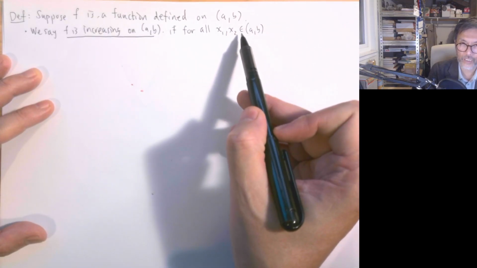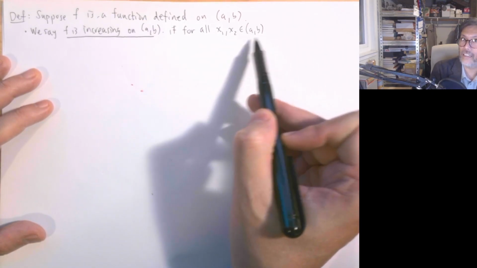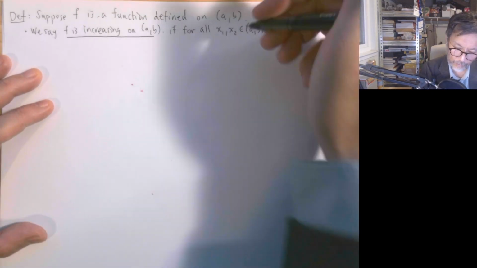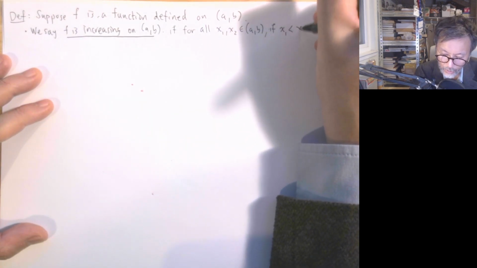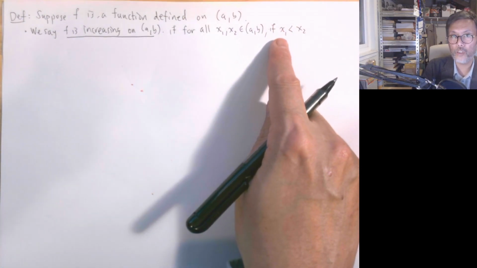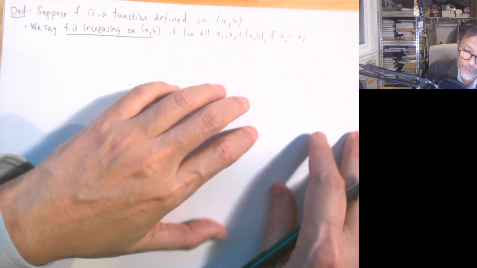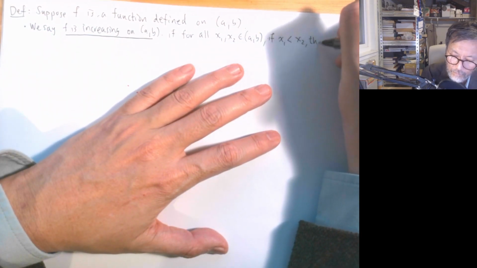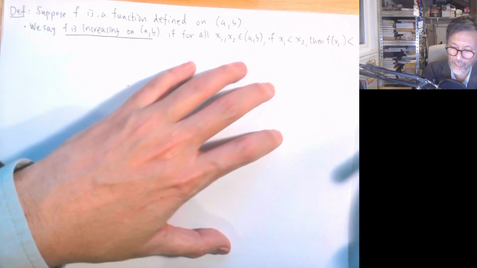This little symbol just means that these are what are called elements of this set of numbers. If x1 is less than x2, so if it happens that the smaller of the two numbers that we've drawn from this interval is x1, then f(x1) is less than f(x2).